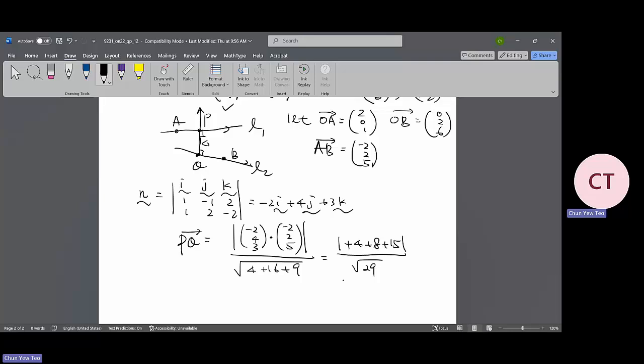So it will be 27 over square root of 29. This will be the length of PQ. Or you can use the calculator to 3 significant figures, it will be 5.01. But usually I prefer the exact value. So this will be the answer for 6A.